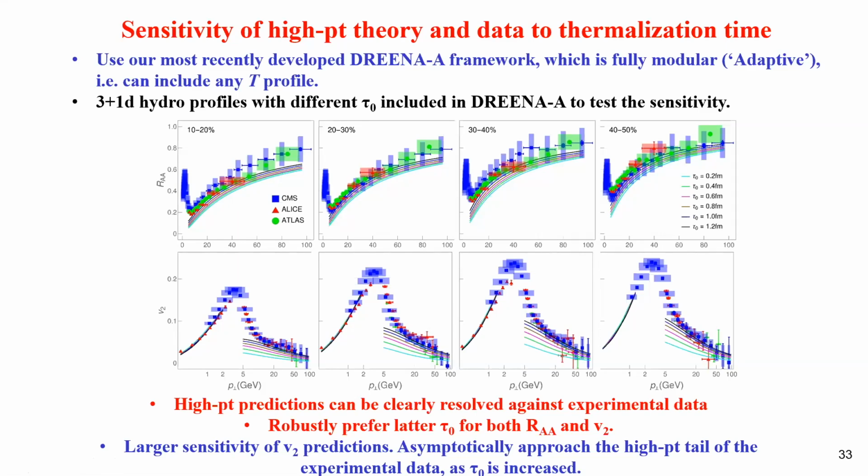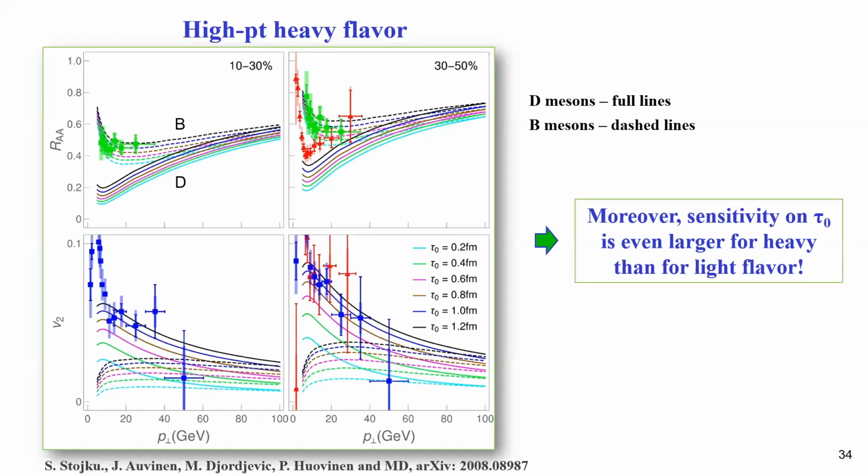So then we also do this for heavy flavor, and in this figure we show predictions for D mesons in full curves and B mesons with dashed curves, and we see that this sensitivity is even larger for heavy flavor than for light flavor.